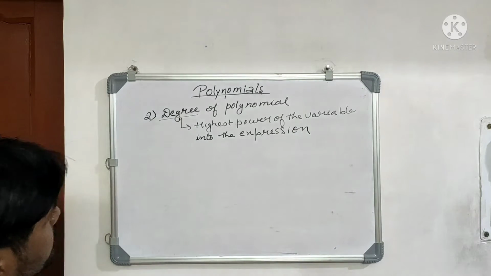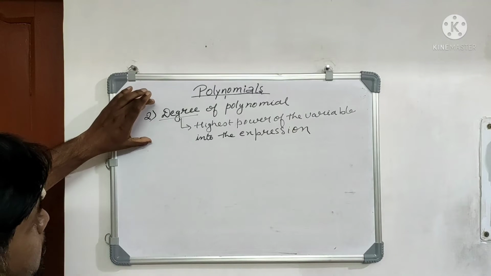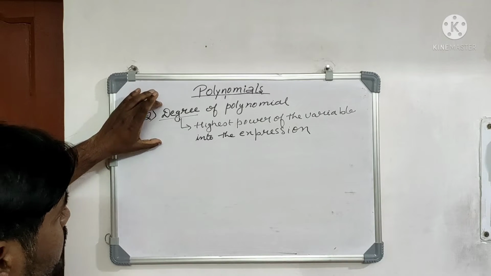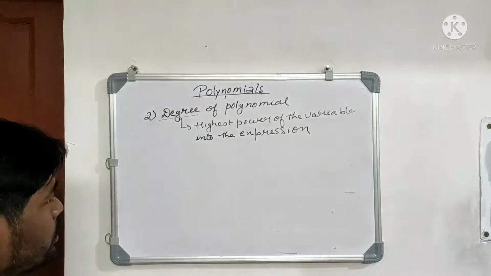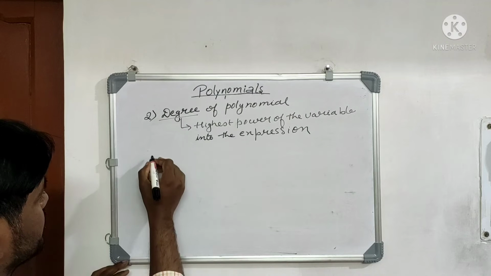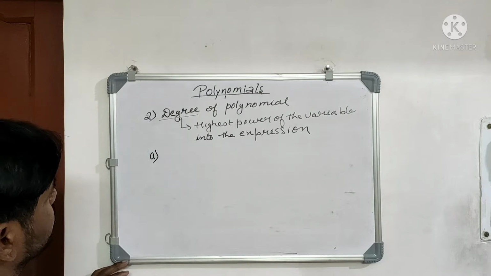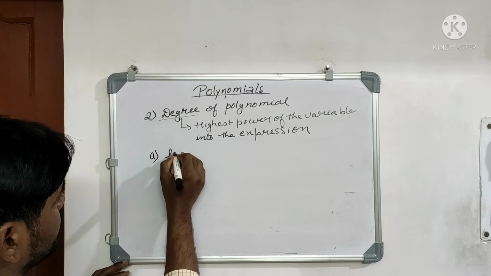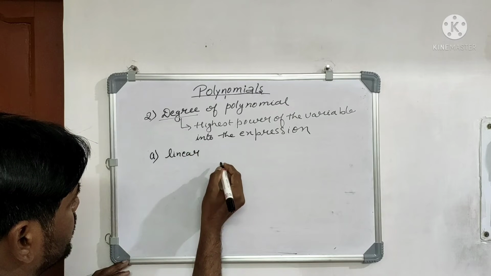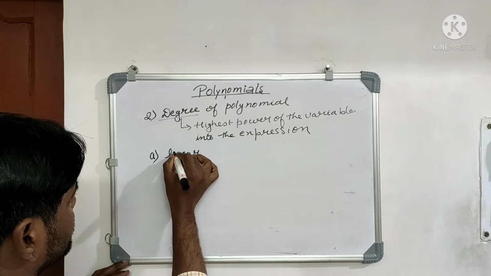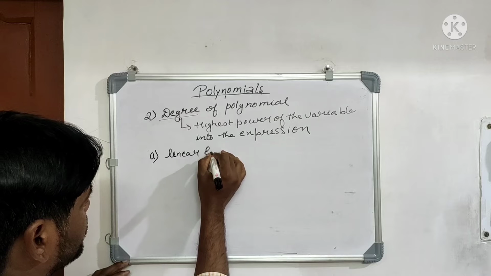So on the basis of this broad classification, the polynomials are divided into different categories. The first amongst them is the linear equation.